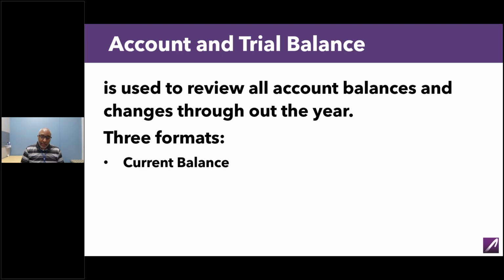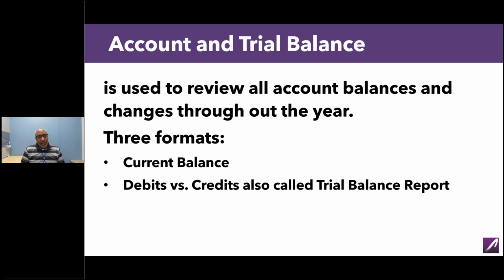There's the current balance, there's debits and credits, which is also called the trial balance report. And then there's a brand new one that we've added called budgets versus actuals. It's another way to look at your account balances, but see additional information like budgeting information. If you're seeing your income and expense, you may want to see your budget numbers in comparison to your actuals, which is very valuable.